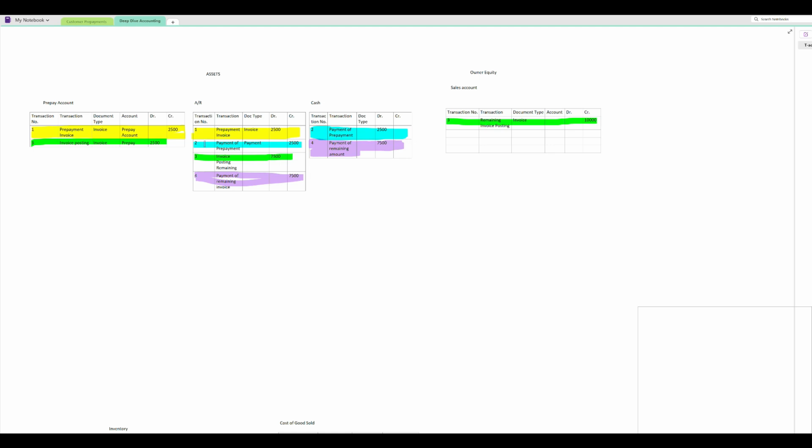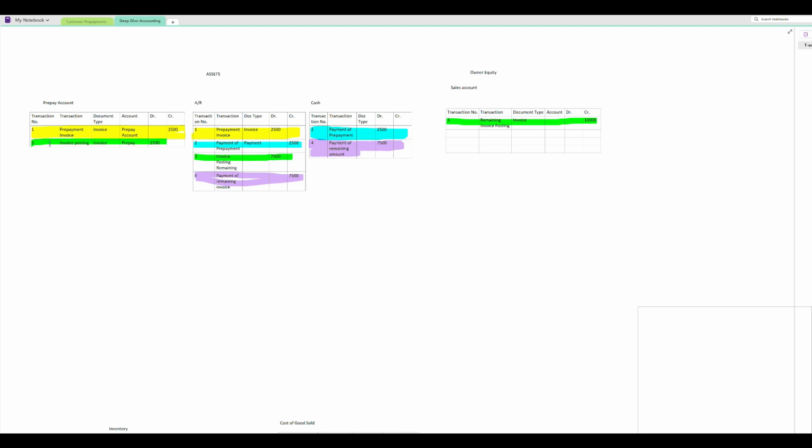Then the number 2 transaction was to pay the payment, which in our case was automatically posted at the same time with the invoice. We offset the prepayment invoice of the 2,500 with this payment 2,500, and also because we received 2,500 in cash, we debited the cash account, the petty cash account.